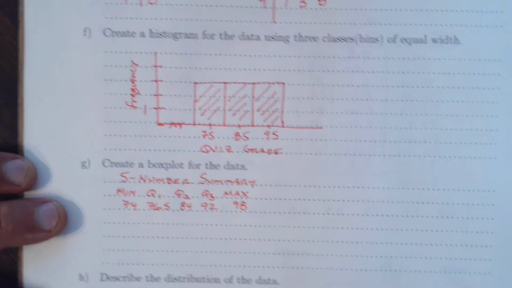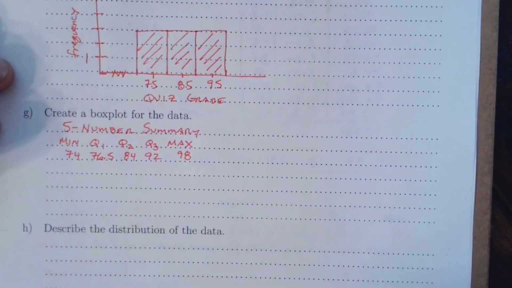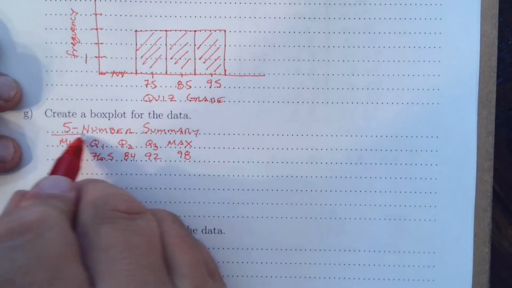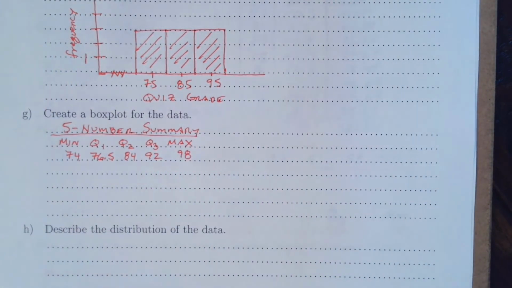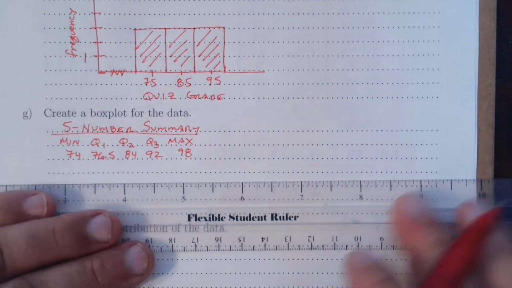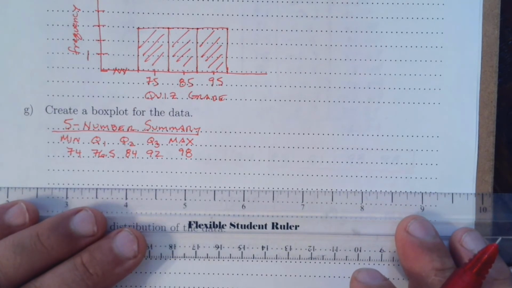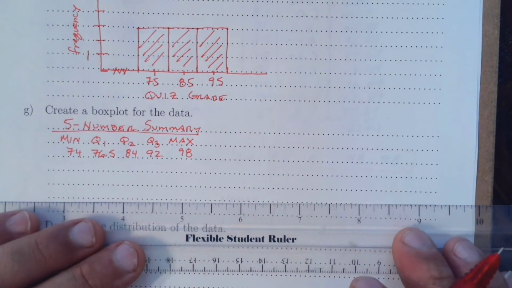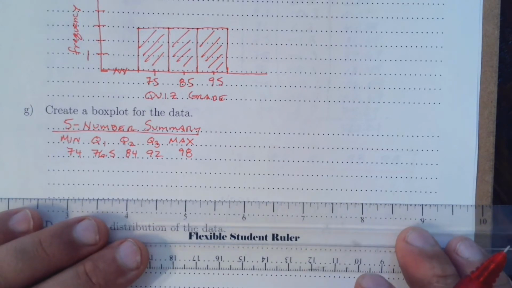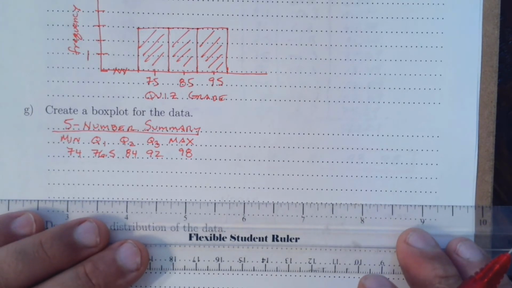So if I want to create the box plot for my data, I need to go ahead and set up my scale. You can use the nice ruler to be able to get things nicely labeled. So I'll go ahead and come over and we can use this, that's fine.